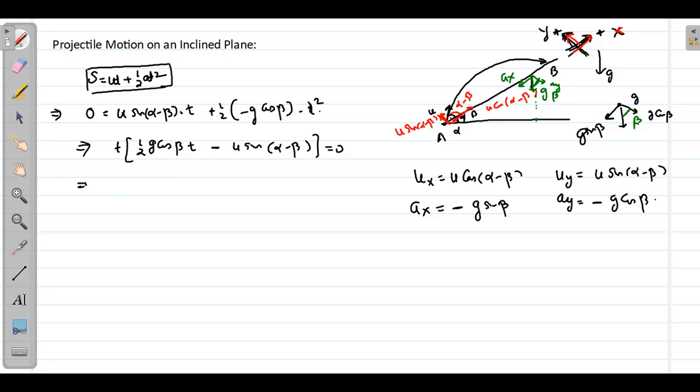That means either time is 0 or half g cos beta t minus u sin(alpha minus beta) equals 0. Time 0 is not allowed because at t equal to 0 we have projected; after that it remains in the air. So this option is not correct. Then we go with the other one: half g cos beta t.